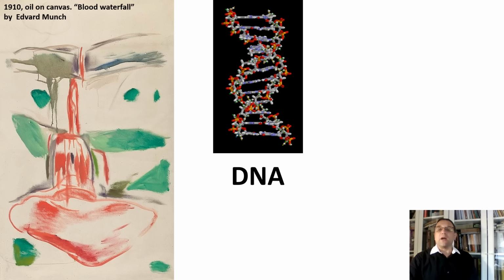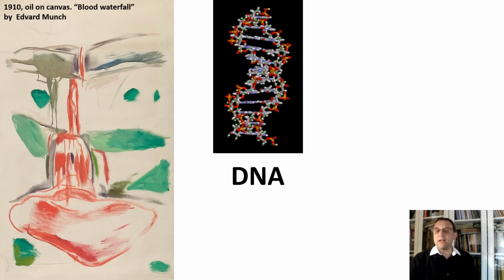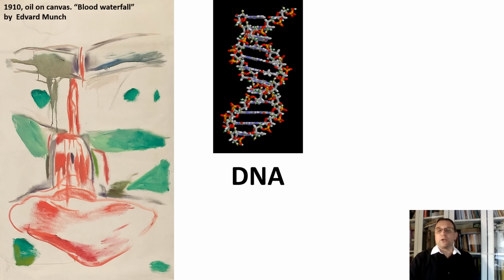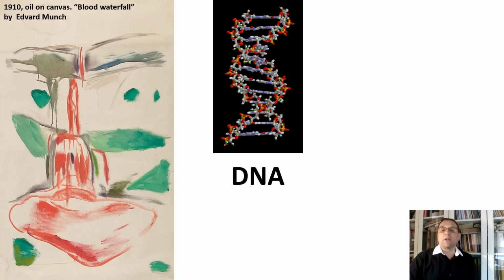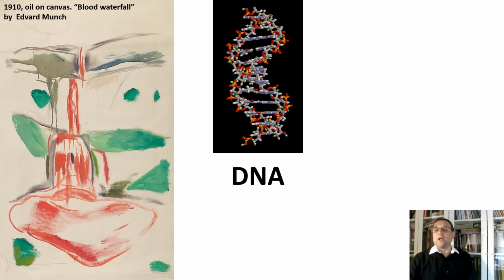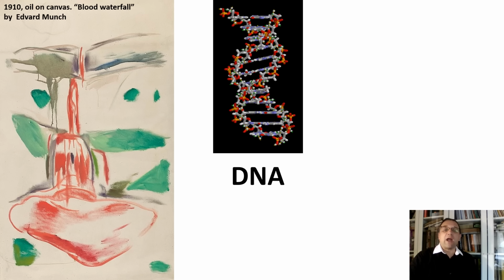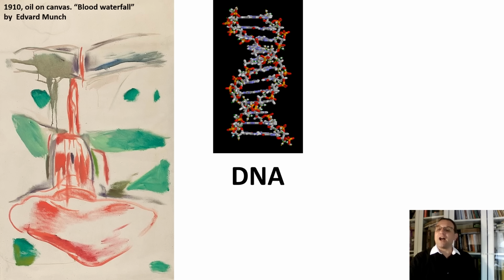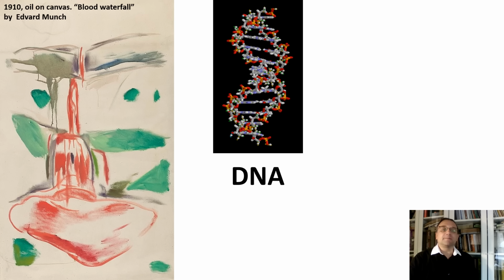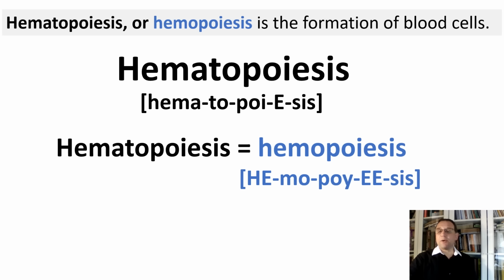And therefore, erythrocytes have to be constantly made in the human body and poured into the blood circulation, similar to what you see in the Edvard Munch painting, where the waterfall replenishes the heart-shaped pond. An adult typically produces 400 billion platelets, 200 billion erythrocytes, and 10 billion white blood cells, or leukocytes, every day.